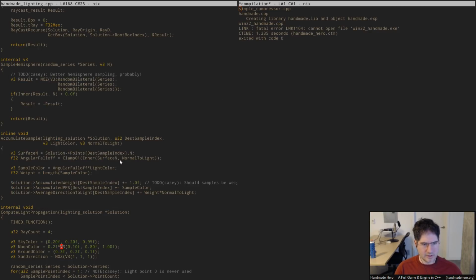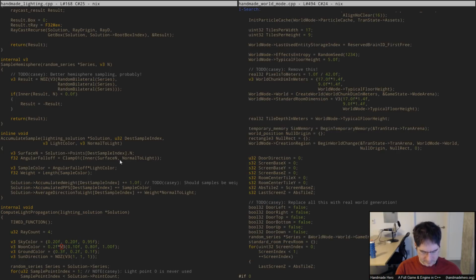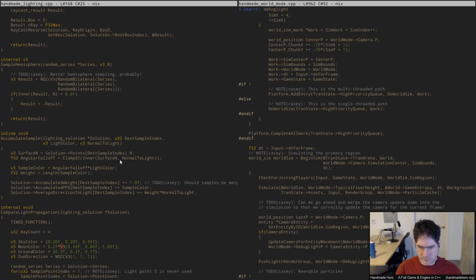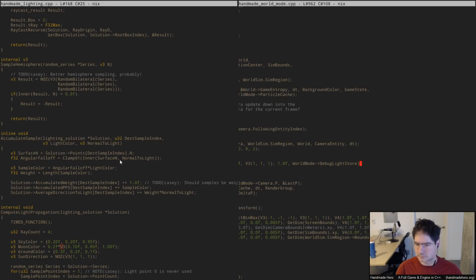So how bright is that debug light as well? So that's 1.0F. So that should be... So something's a little off here because that should be significantly brighter.